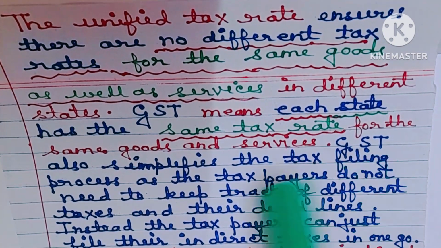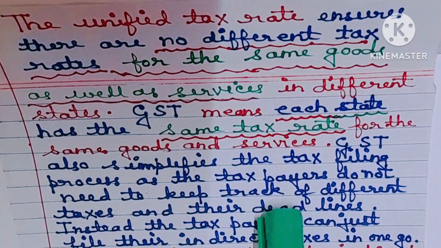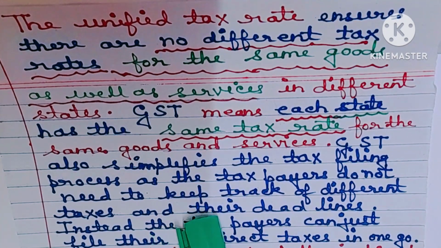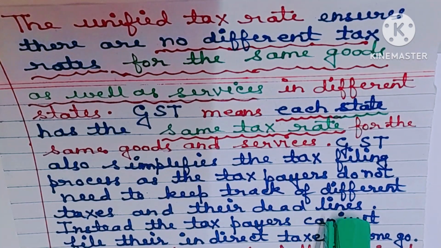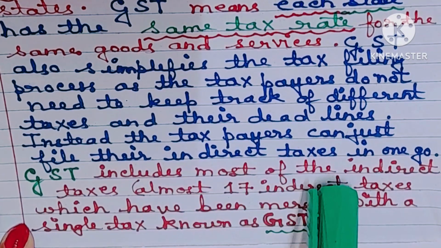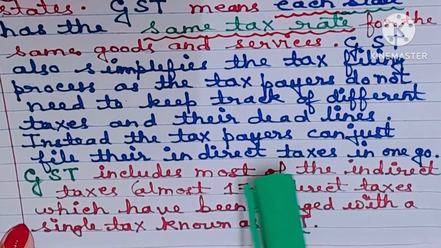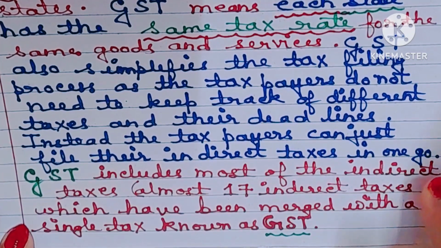GST also simplifies the tax filing process as the taxpayers do not need to keep track of different taxes and their deadlines. Instead, the taxpayers can just file the indirect taxes in one go because GST is an indirect tax and not a direct tax.